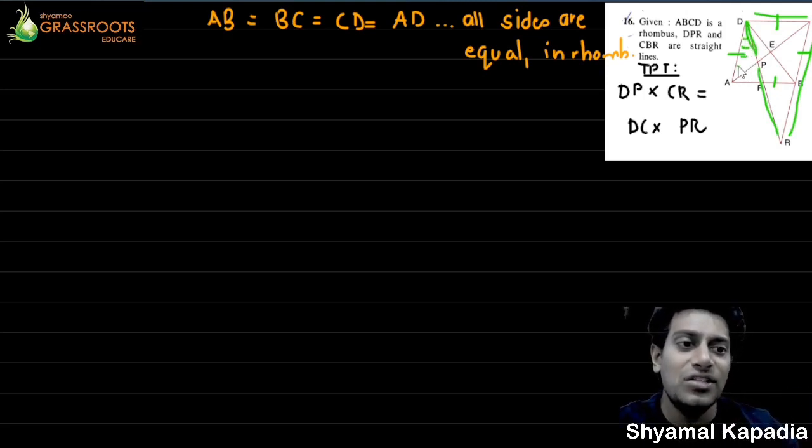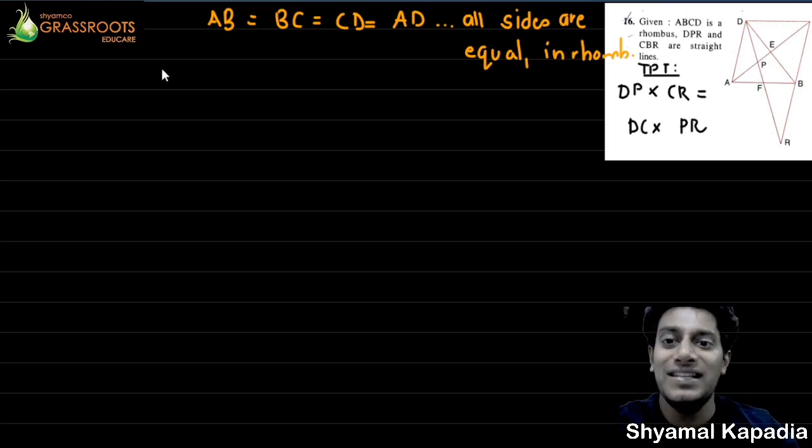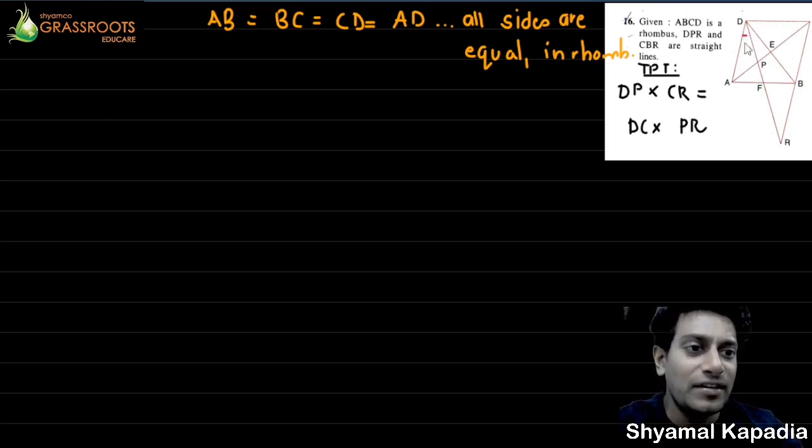I will select this triangle, that is DPA, and उसके सामने I'll be selecting this triangle. One of the triangle is gonna be DPA and another triangle is gonna be this.